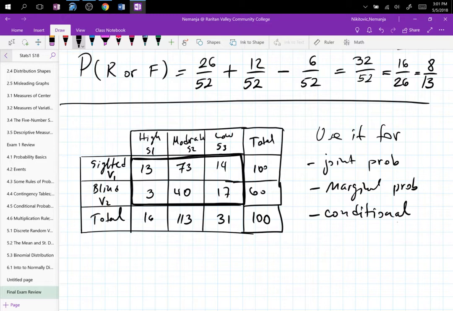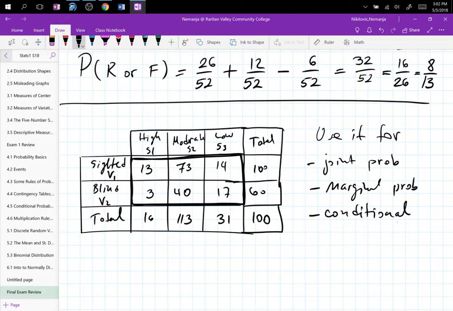Just notice that. So joint probability is when you take one of the 6 cells and divide by the grand total. So I want to know blind moderate. Blind moderate is 40 over 100, 40%. When you are dealing with joint probability, you take whatever cell is outlined in the text, write that cell divided by the grand total, and then you get the decimals, the percent, and so on.